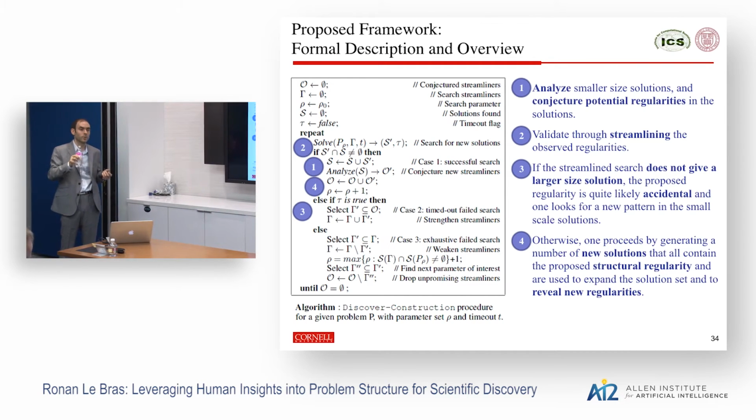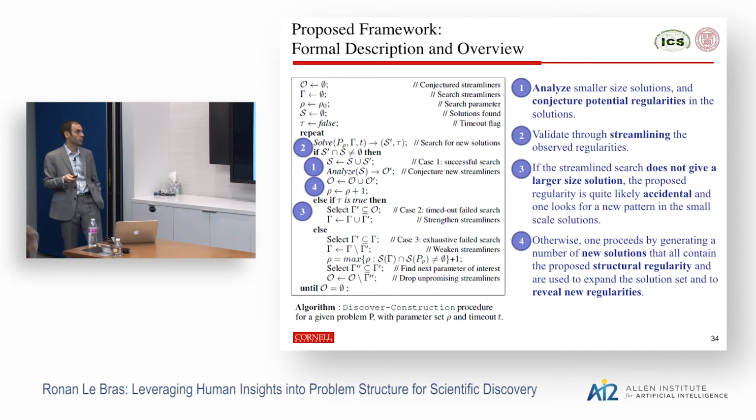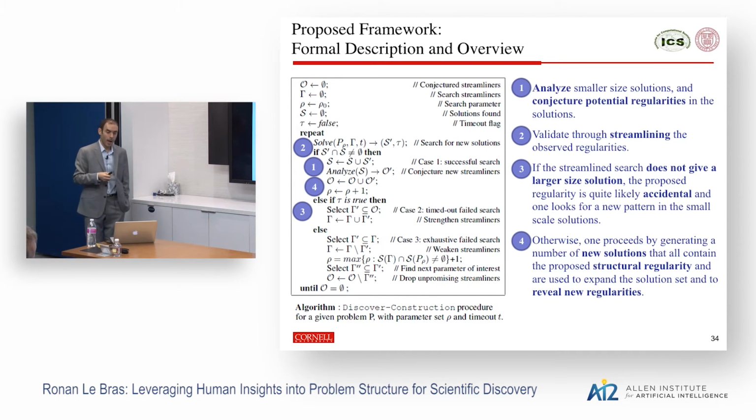And then you have to look for a new pattern in the small scale solutions. But if you are able to generate a number of new solutions, then all of them will have the new regularity that you conjectured. And as the combinatorial objects grow bigger and bigger, you'll see that new regularities tend to reveal themselves.